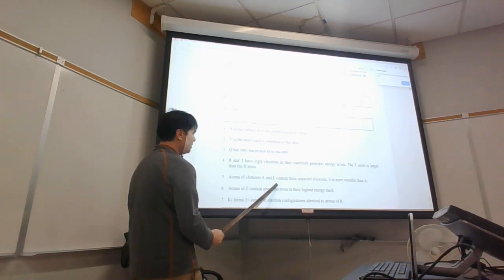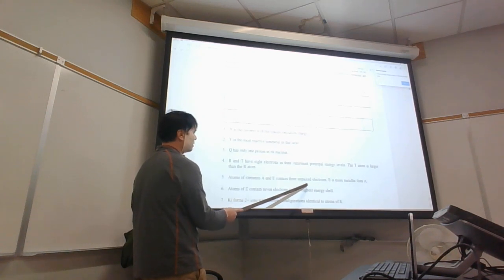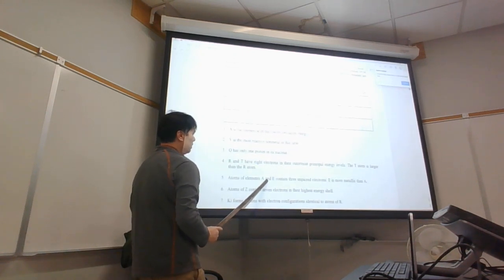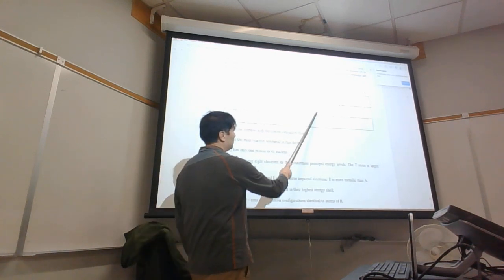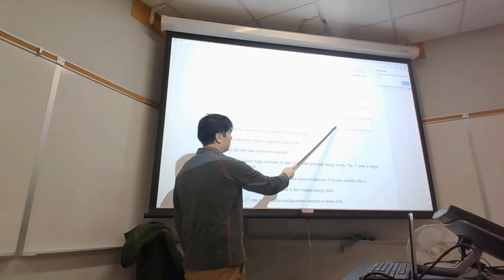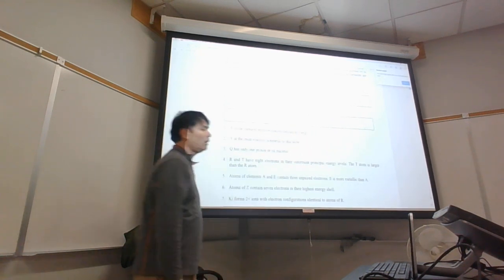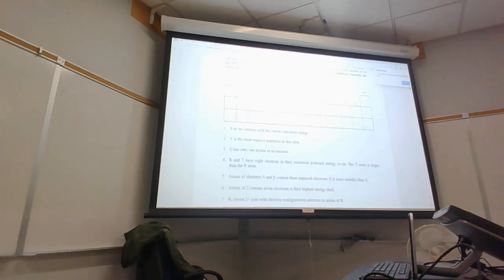Atoms of elements A and E contain 3 unpaired electrons. E is more metallic than A. 3 unpaired electrons would have to be half-filled P. And so it'd be here and here. A half-filled P would be nitrogen and phosphorus. Which one is more metallic, though?